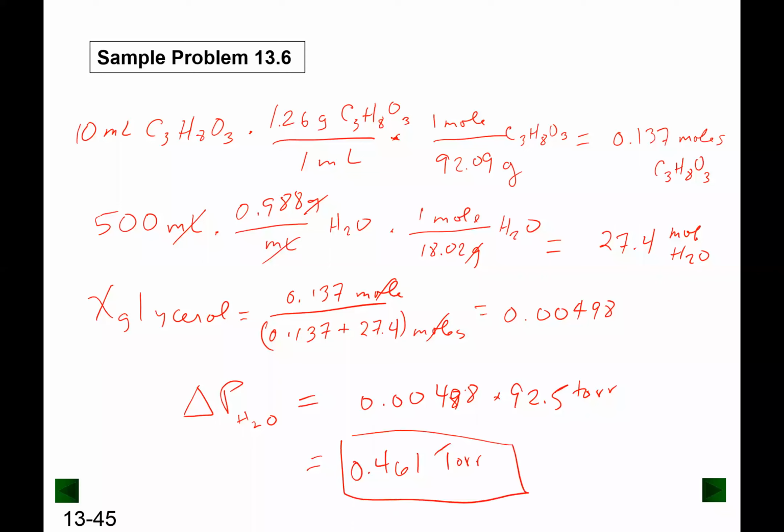Now, if we wanted to see what the new pressure would be, we could just basically subtract this away from our 92.5, and we would actually get the new vapor pressure of water based on this amount of this 10 mL of glycerol being mixed with the water.